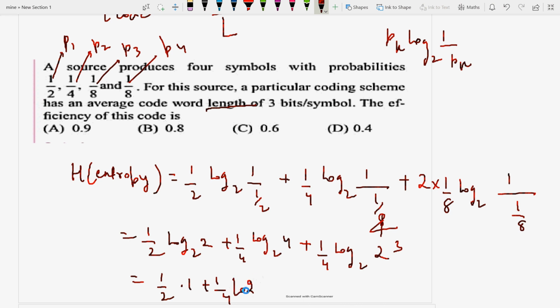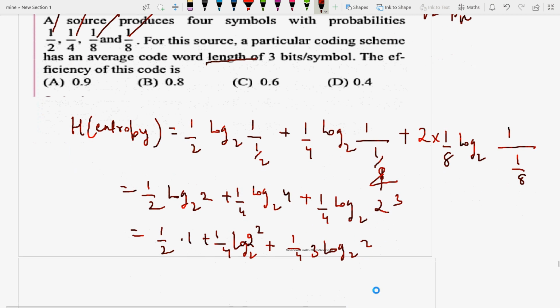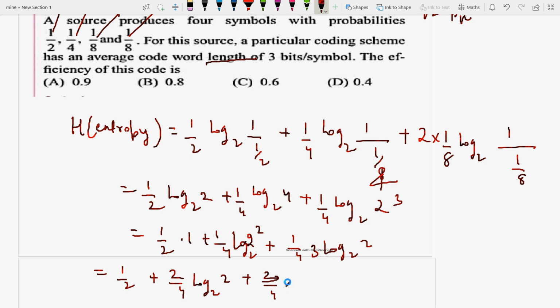So here it will be half into 1, plus 1 by 4 into log base 2 of 2 square, plus 1 by 4 into 3 log base 2 of 2. So you can write it as half plus 2 by 4, plus 3 by 4, log base 2 of 2 being 1.